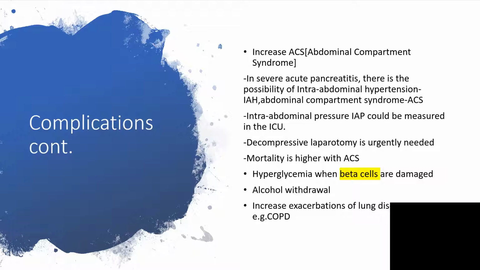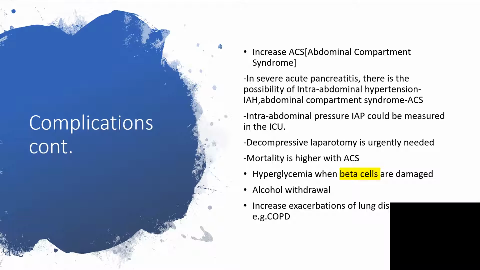Increased ACS, this is not acute coronary syndrome, it is abdominal compartment syndrome. And I want you to please listen to this. In severe acute pancreatitis, there is that possibility of intra-abdominal hypertension. Also, possibility of abdominal compartment syndrome.